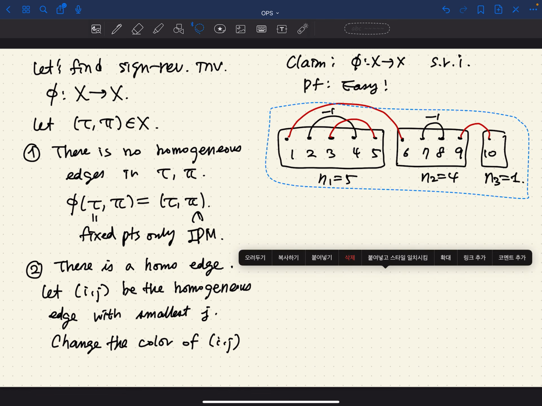Now, just consider all the decorated cycles as a single element, a single dot, and then we make a set partition out of this. So you can make a set partition like this, or this, or that. This is our configuration now, okay? That is the idea.